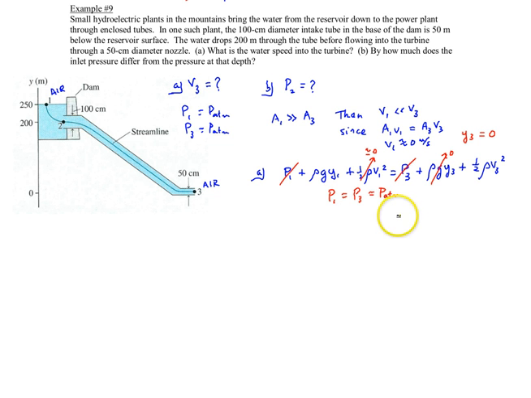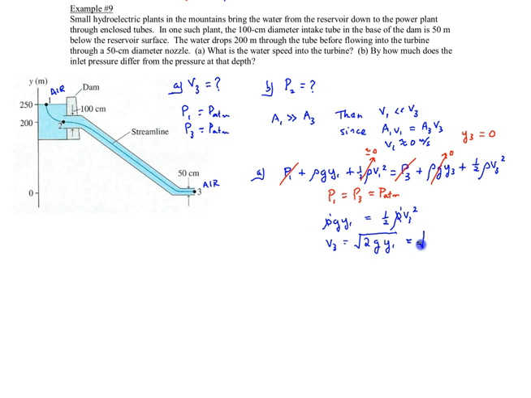So essentially what we get is that the rho g y1 term is left on the left side, and then we have the 1/2 rho v3 squared term on the right side, and everything else has canceled or gone to 0. The densities cancel out, and so the velocity at 3 is really just the square root of 2 times the acceleration due to gravity times the height that the water started from.